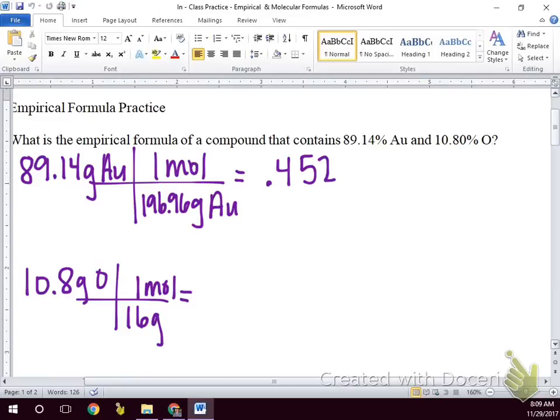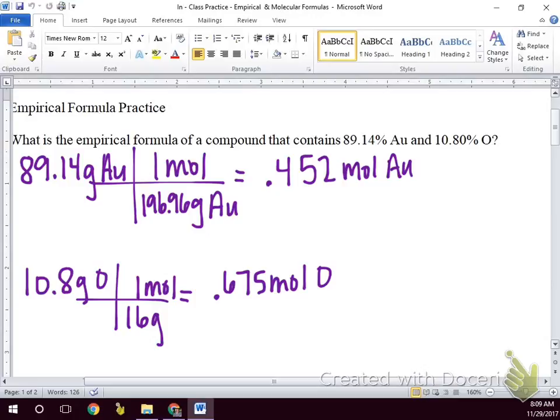It comes out somewhere between 0.452 and 0.453, depending on where you rounded it, which is fine. Okay, did everybody get moles in about that range? Okay, so now we've converted to moles. What's the next step?